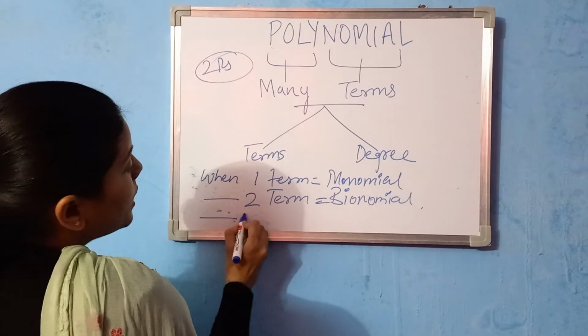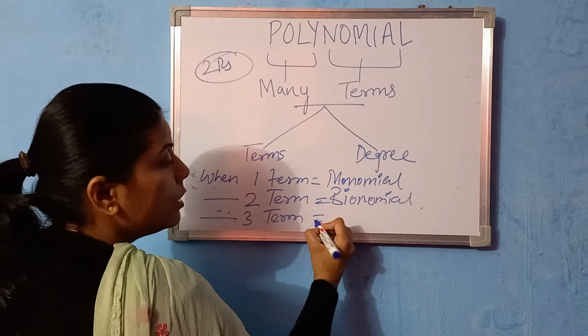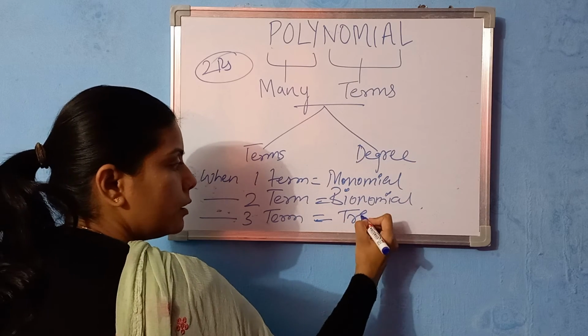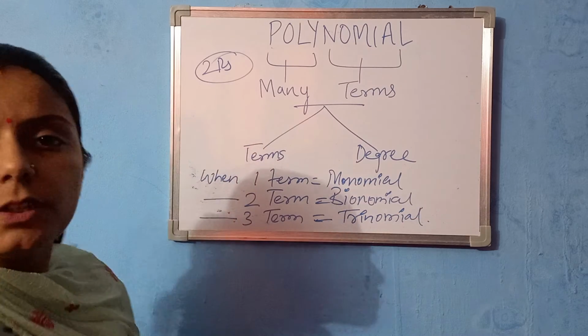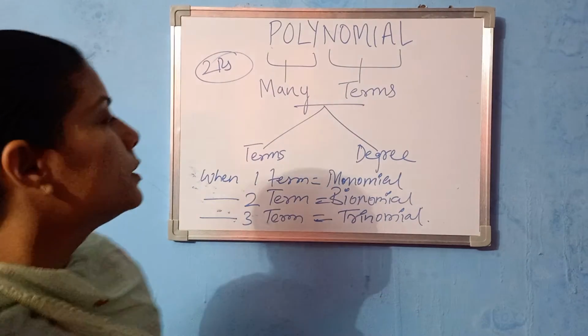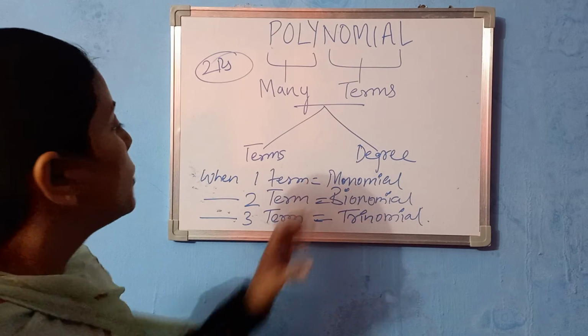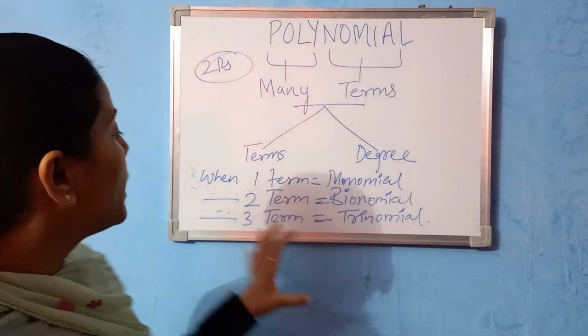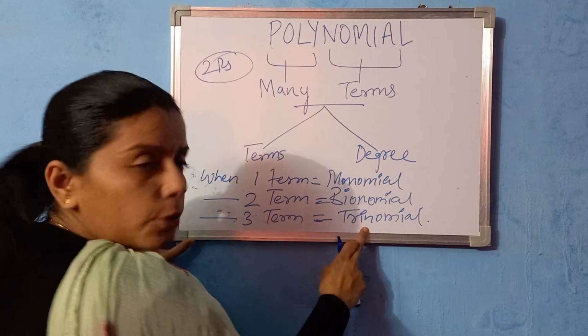When the polynomial has three terms, we call it a trinomial. Okay. So on the basis of terms, we classify polynomials in three ways.